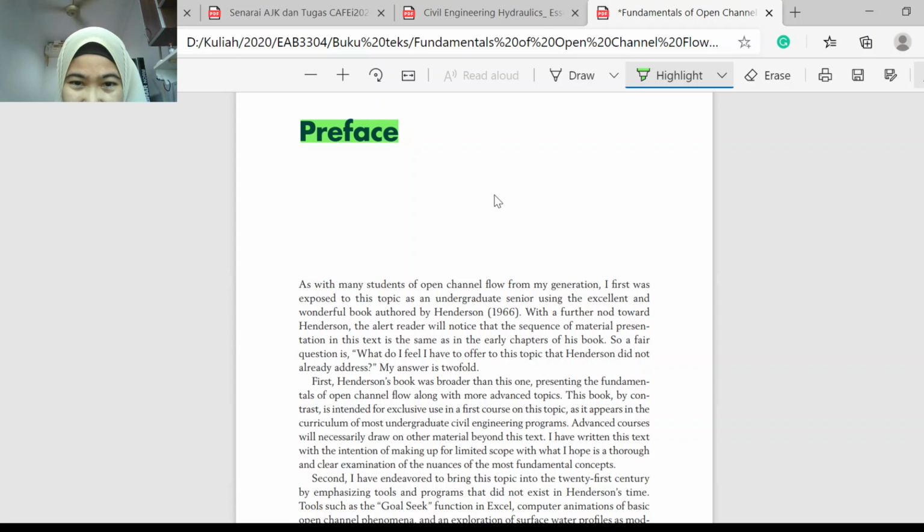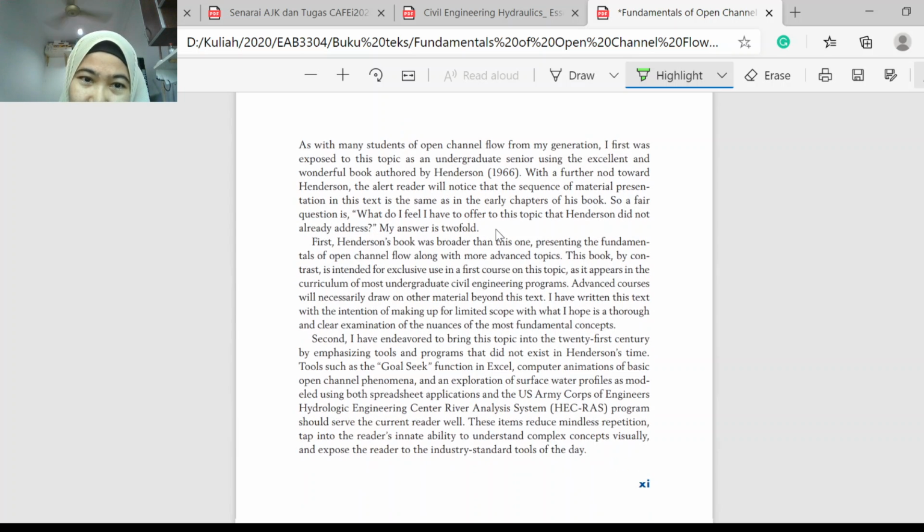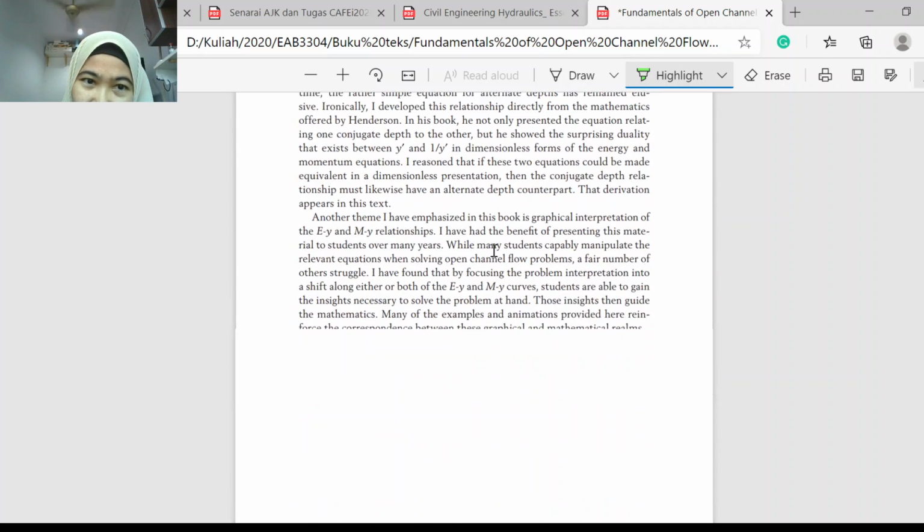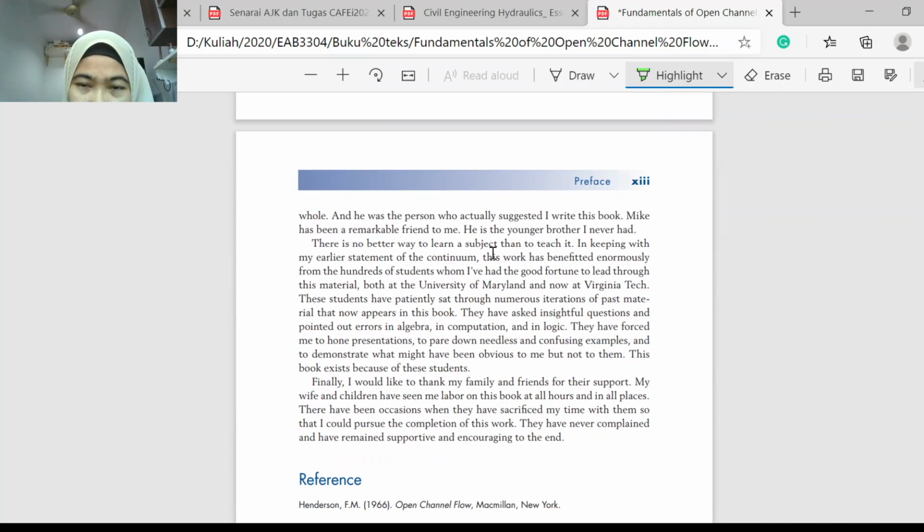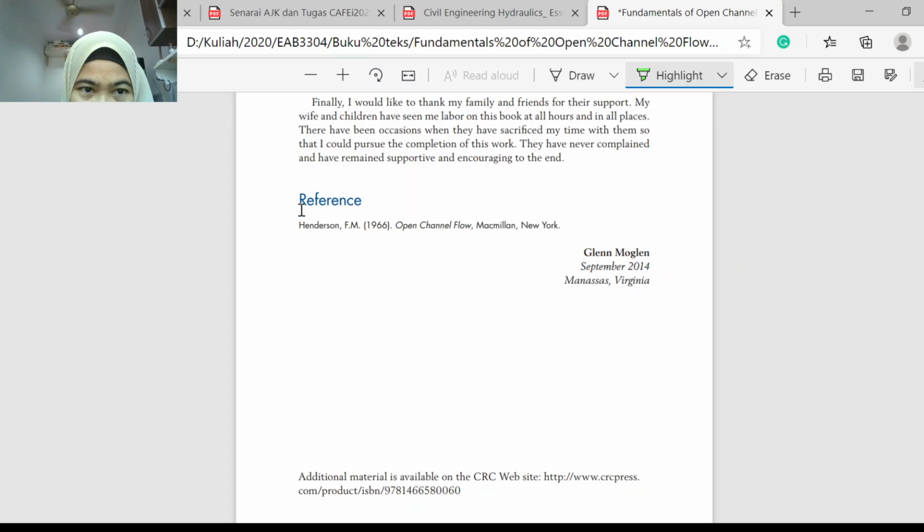Sometimes we can relate to his intention because we want to learn, and he wrote the book to teach us. Okay, so you can read this later. And this is the reference for him when he wrote this book. This is Henderson. Actually, Mr. Henderson FM is the teacher for Glenn Moglen, the one who wrote this book.